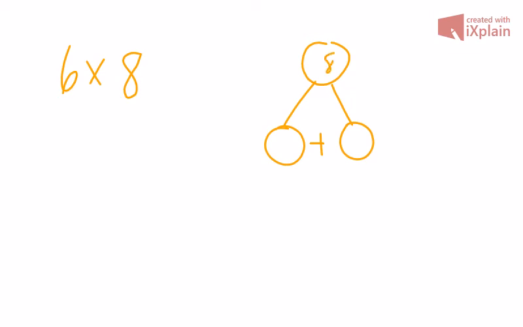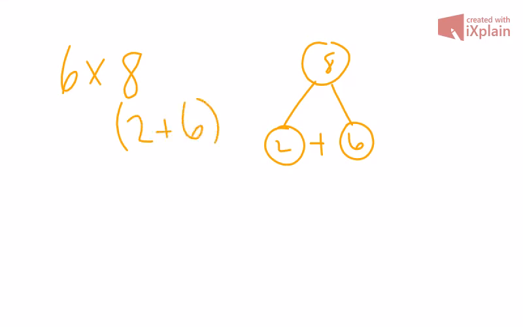The 8 can break up by adding any two numbers several ways, but we want to choose the easiest way. So I'm going to use 2 and 6. Okay. So now I'm going to put it inside parentheses, 2 plus 6.